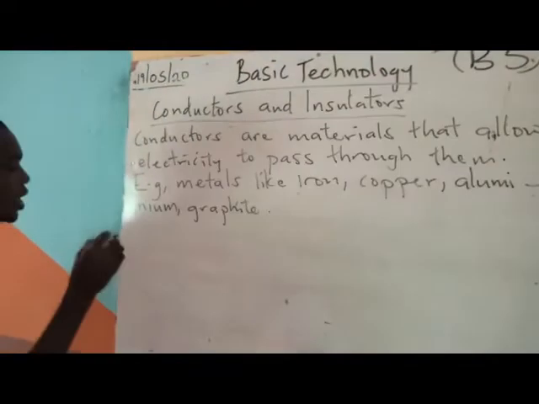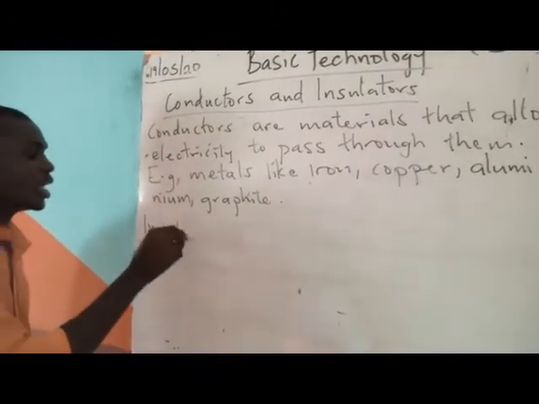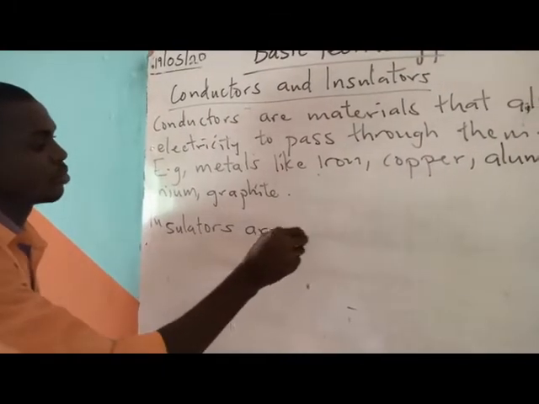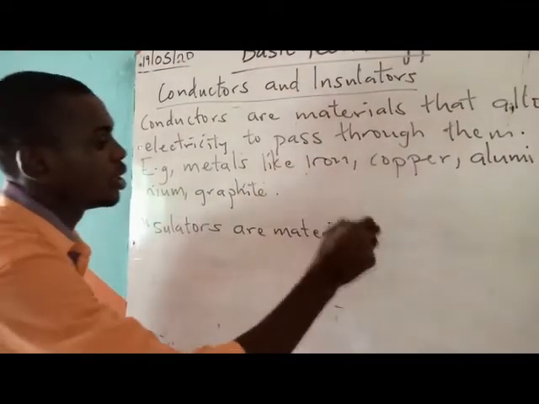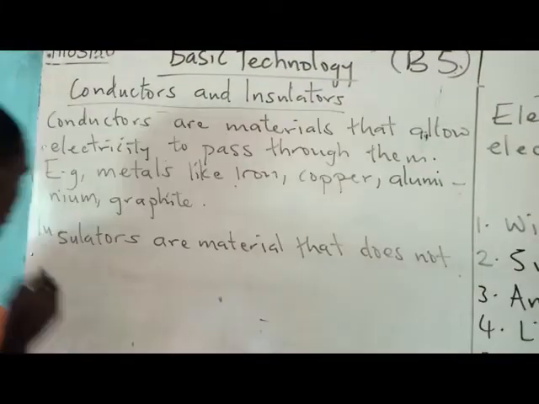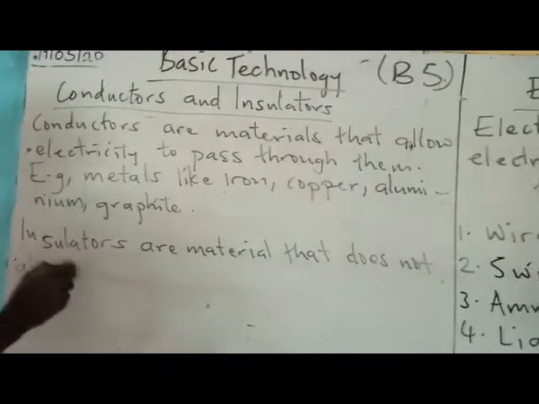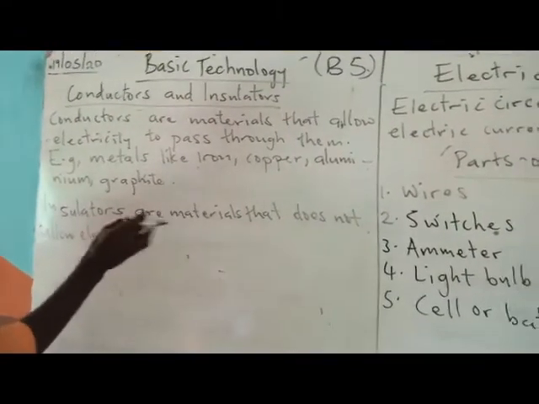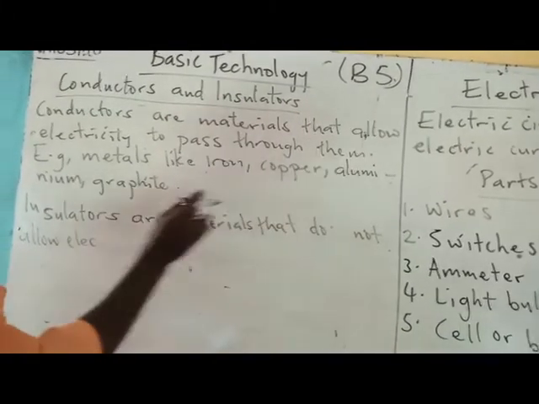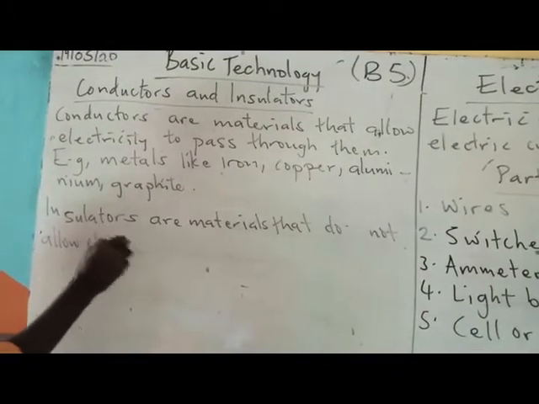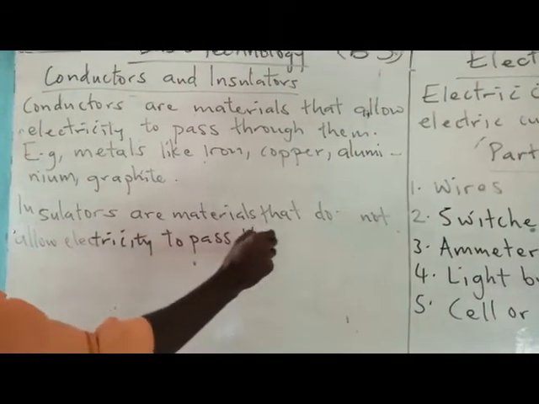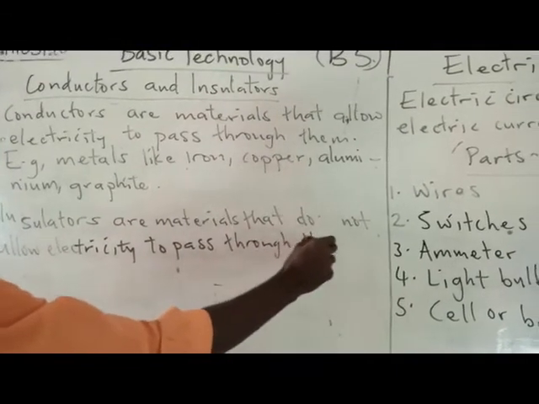Now, insulators on the other hand, they do not allow electricity to pass through them. So, insulators, they are materials that do not allow electricity to pass through them.